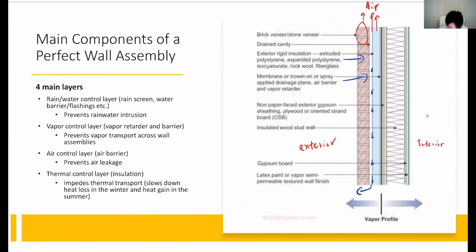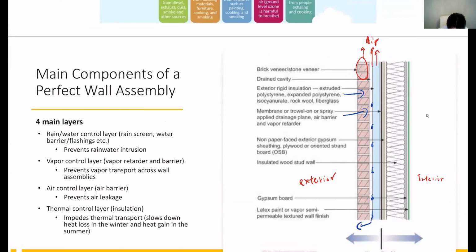And this blue part is what we call exterior rigid insulation. Insulation material is the most important component within a wall to control thermal transport, because insulation impedes the transport of heat.